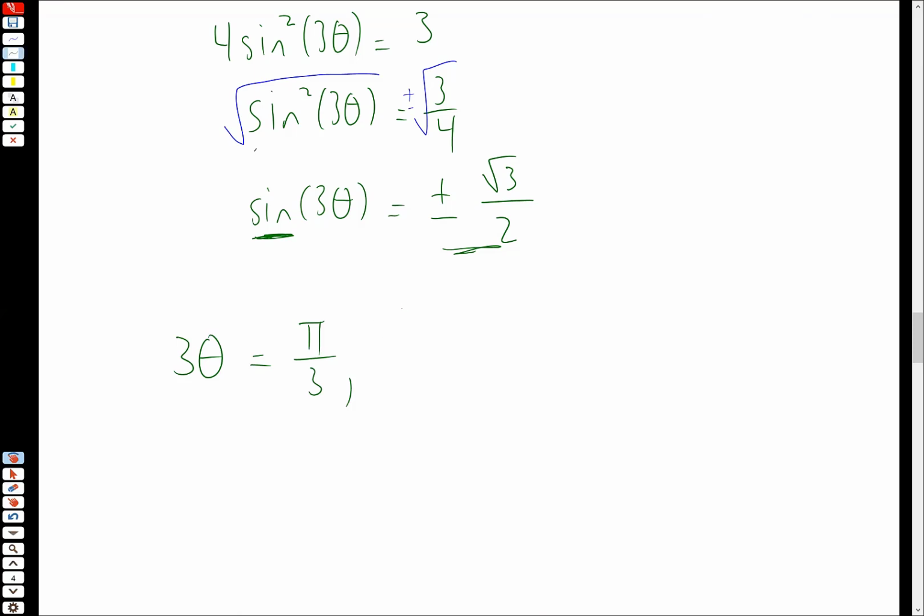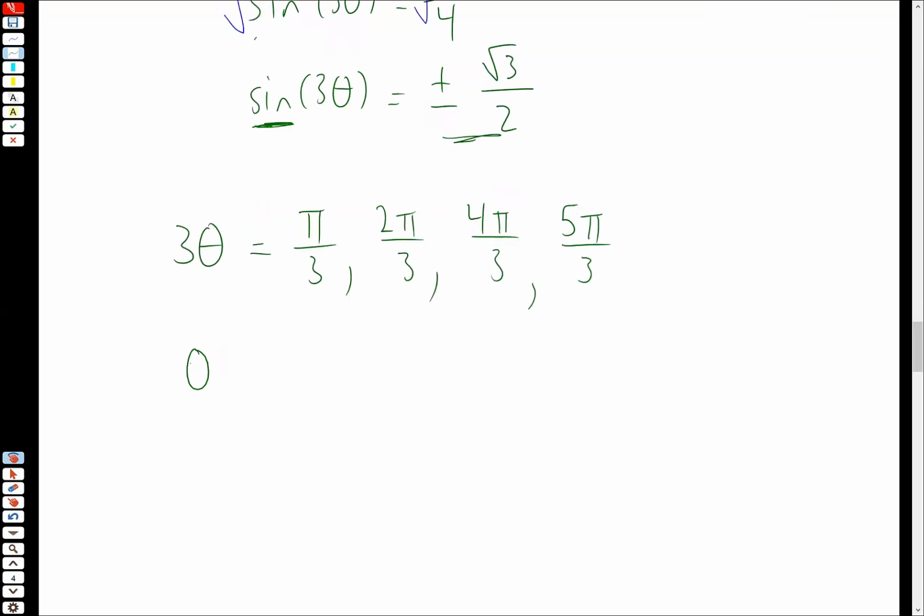Oops, and I missed one. Okay, so what's theta equal to? Theta is equal to pi over 9, 2 pi over 9, 4 pi over 9, 5 pi over 9. Okay.